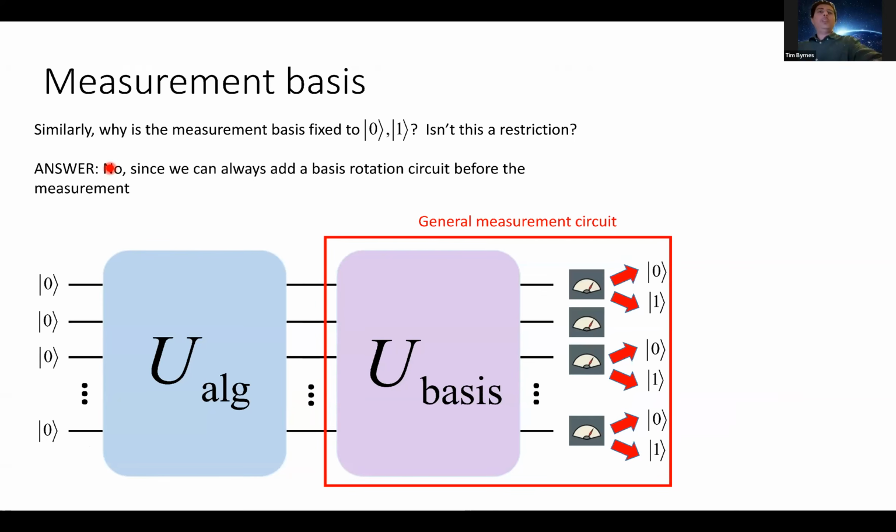Another kind of restriction that you might think we have here is that the measurement basis is always in the 0, 1 basis. If you remember, when we did measurements, our measurement box had a knob on it at the top, so we could change the basis of the measurement.